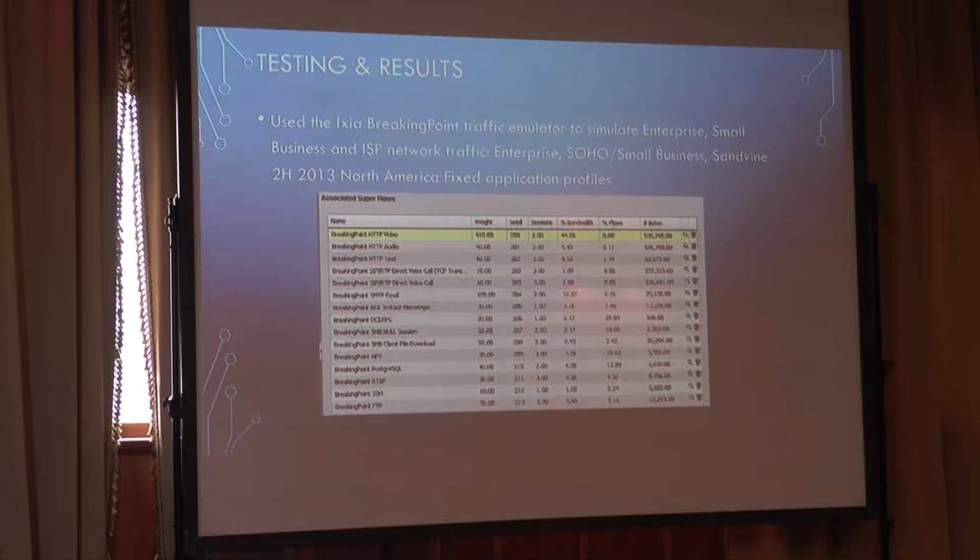So for enterprise, you can see we have HTTP, of course, SMTP, DCE RPC, SIP, and other types of protocols, SSH, you would find in an enterprise. With each protocol, you can associate how much bandwidth you would like it to consume, or how many flows you would like it to initiate during a test.